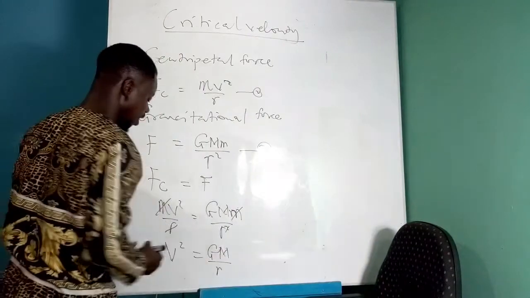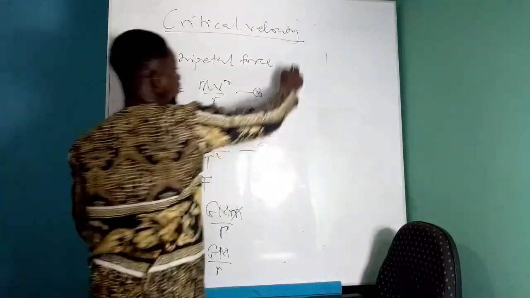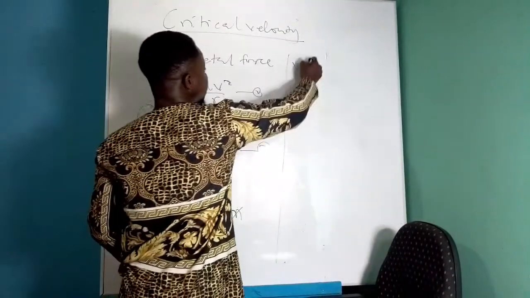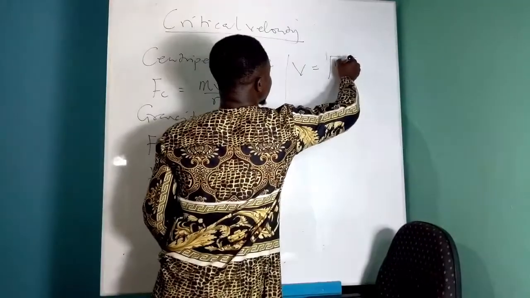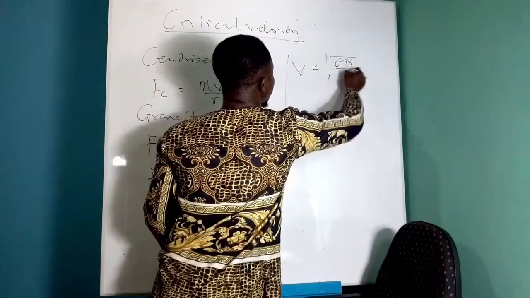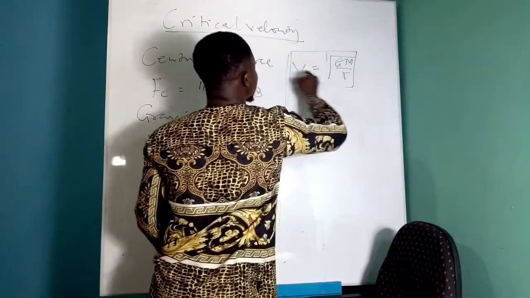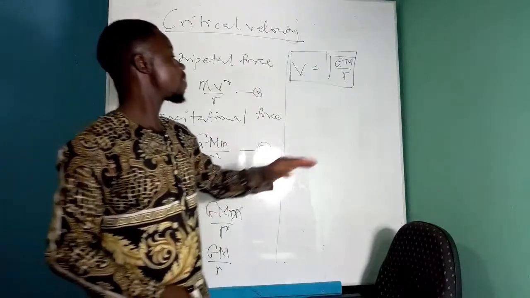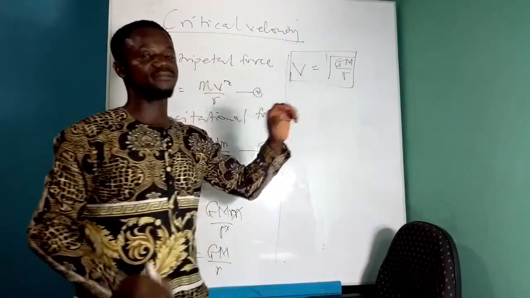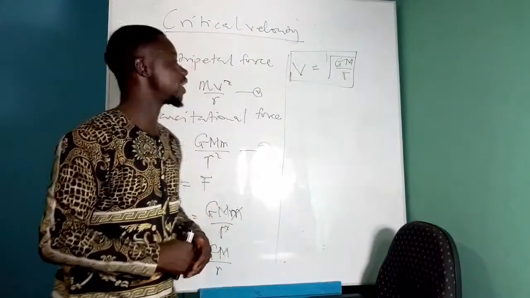Then we make v the subject. That gives us v is equal to the square root of G capital M over r. This is the critical velocity, the velocity with which a satellite moves horizontally around the Earth.